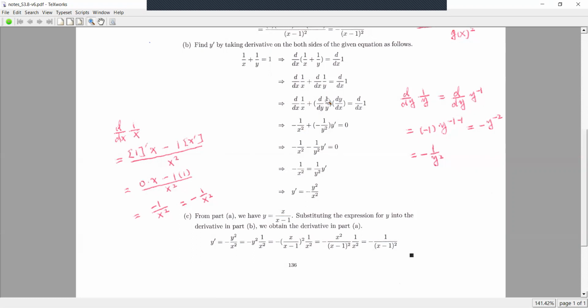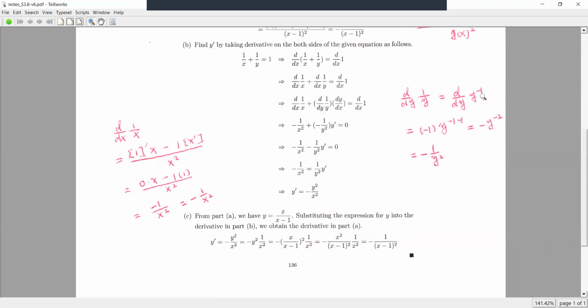Derivative of 1 over y with respect to y, we can apply the quotient formula to compute this derivative, similar to here. But we can also use the power formula to compute this derivative. Write 1 over y as a power y to negative 1.